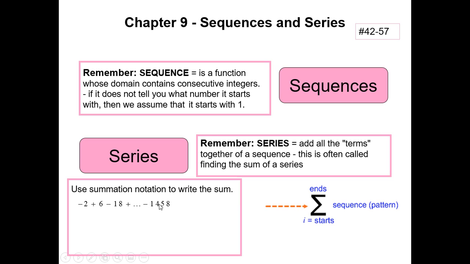We could figure out that this would be the 7th term. Now, I'm not going to go into that right now, but you could figure that out. So I'm going to go from n equals 1 to 7 of my first term, which is negative 2, times my ratio to the n minus 1. So this is how we could use summation notation to write this sum. Okay.